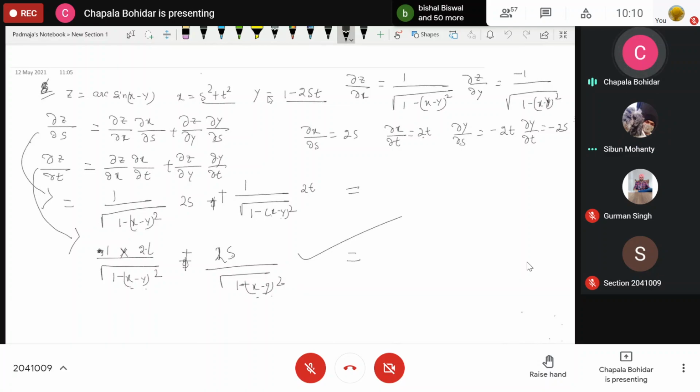That is del z by del s is equal to 4st by s minus t whole square. Okay, I think it is. Then here, next one, can anybody solve?